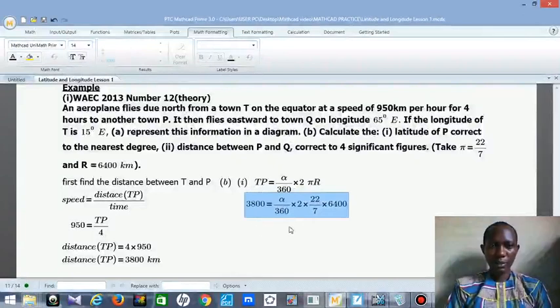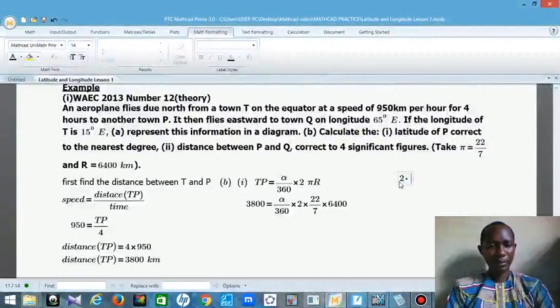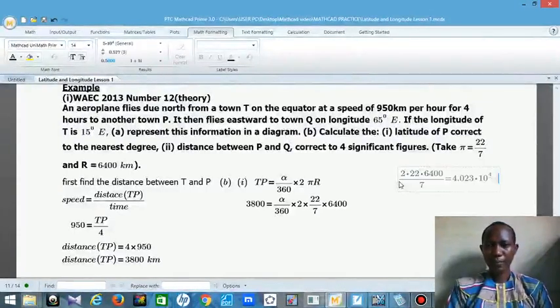So what next? At the end, we need to make alpha the subject of the formula. Let's simplify this side: 2 times 22 times 6,400 divided by 7. Let me use my calculator and do it fast. Let me put it in decimal.